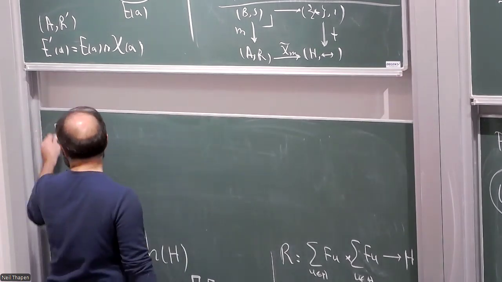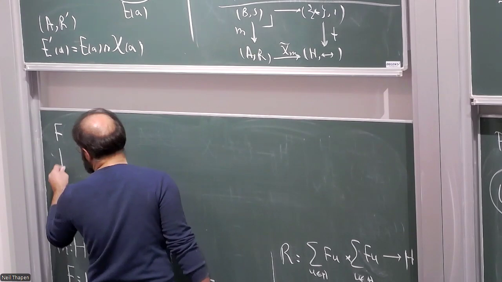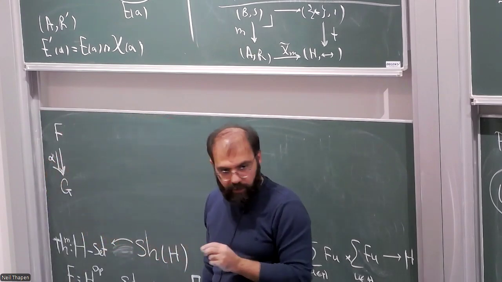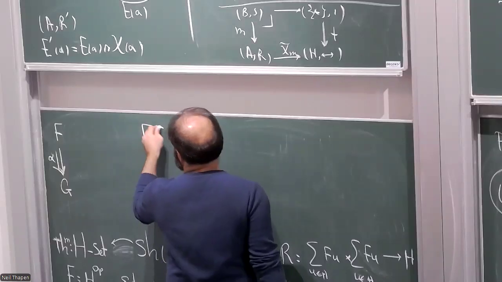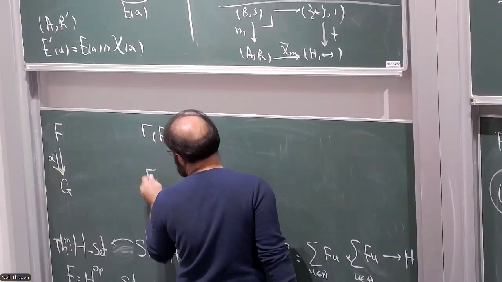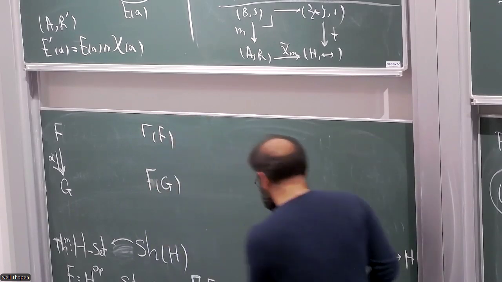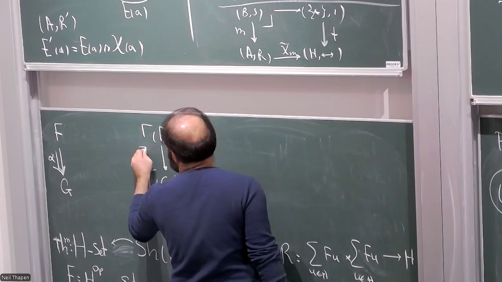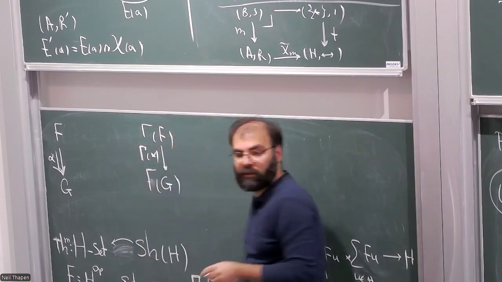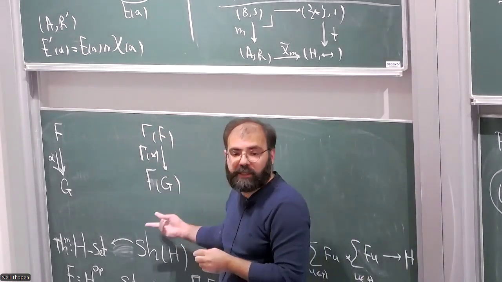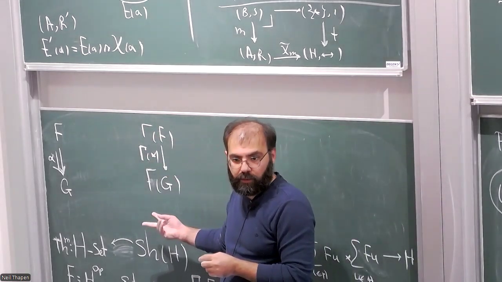We have F, we have G, we have some alpha as some map between them, some natural transformation. And here I have gamma F, gamma G constructed in this form. And I need some gamma alpha to define a function. It should be a map between H sets.